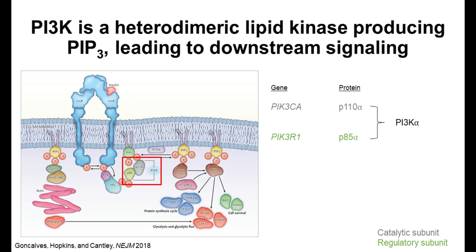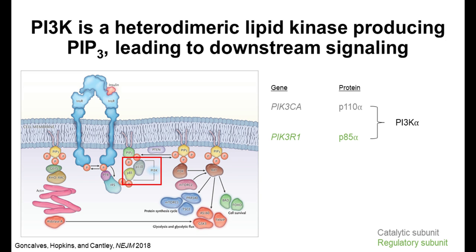Going into more detail, PI3 kinase is a heterodimeric lipid kinase. It's composed of two different proteins that come together and have enzymatic activity. The genes that code for the PI3 kinase complex are two genes, PIK3CA and PIK3R1.